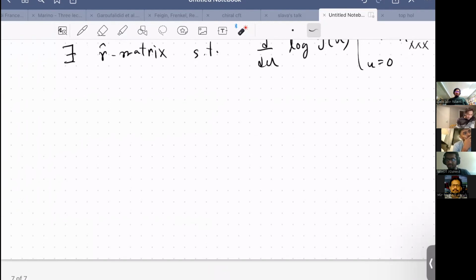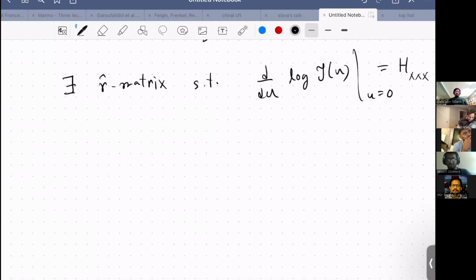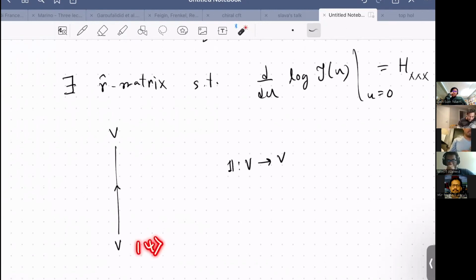Well, let me try to explain this diagram a bit more. Suppose you have this line, and here you have some vector space V. You can read this diagram as the identity operator acting on V. If you start with some state here, you end up with the same state here.